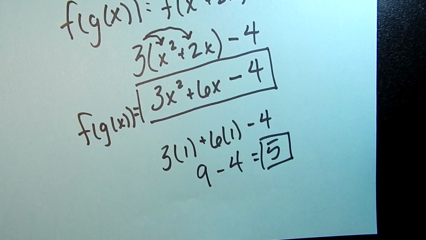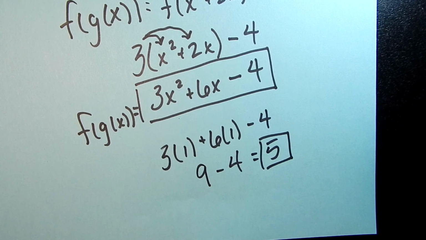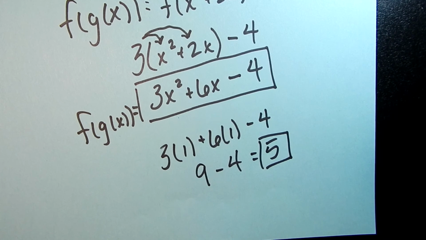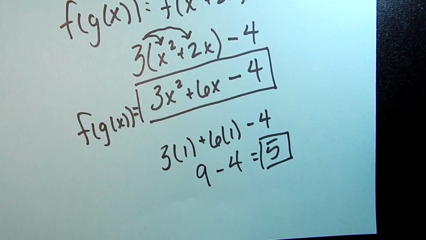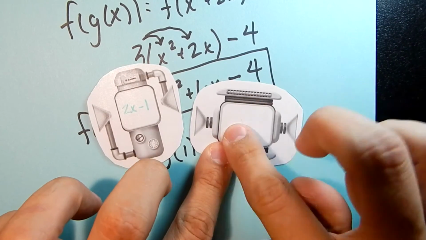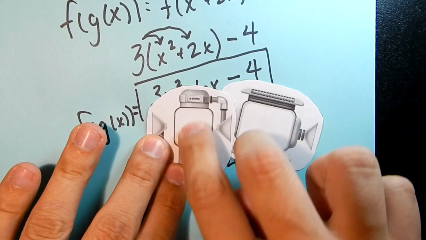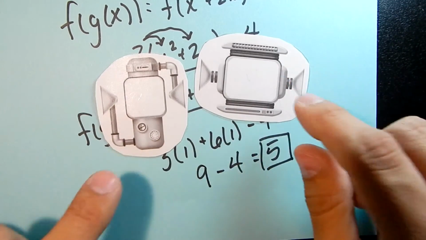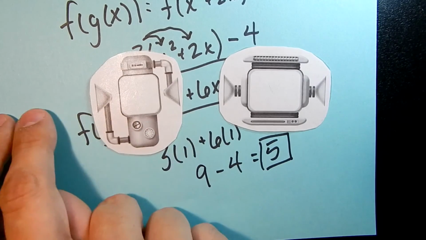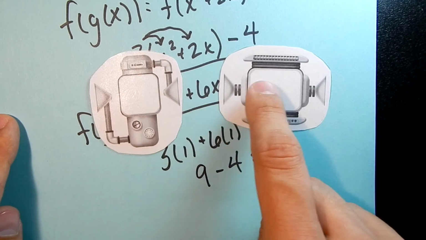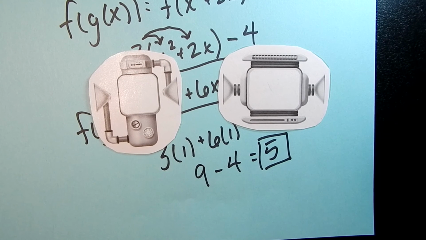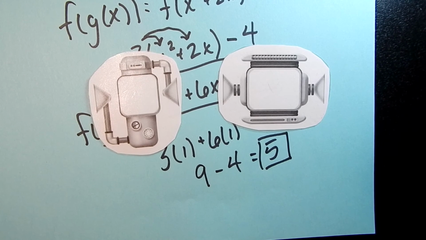So finding compositions, understanding the process, understanding the thought process that's involved, and thinking about compositions of functions as being these input and output machines. If you have different functions, you can have different ideas that go into these functions, and one output feeds into the input of another function. That is conceptually a good way to think about compositions.